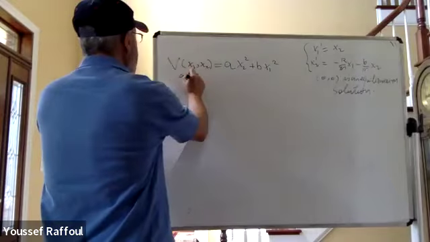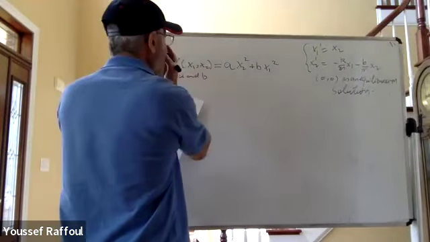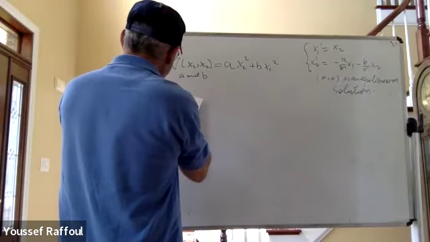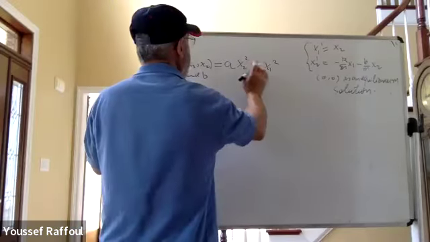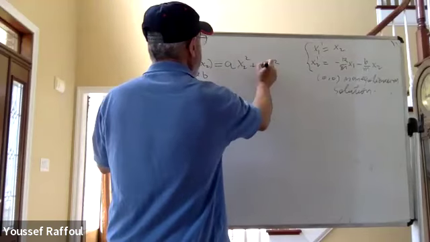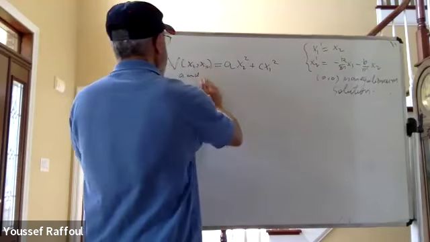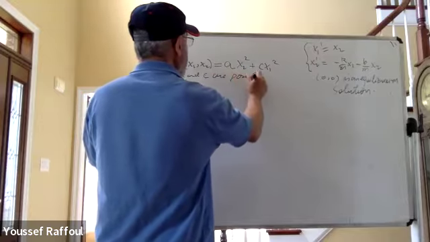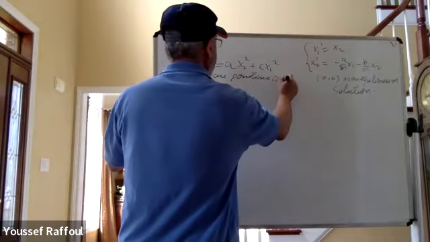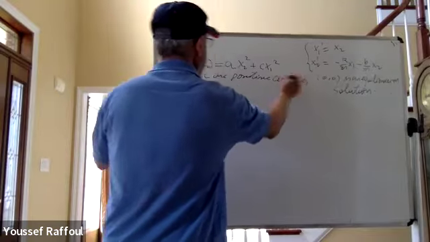Now where A and B, let's see, does our system have B? Yeah, the system has B. I'm going to take A and C, where A and C are positive constants to be determined.